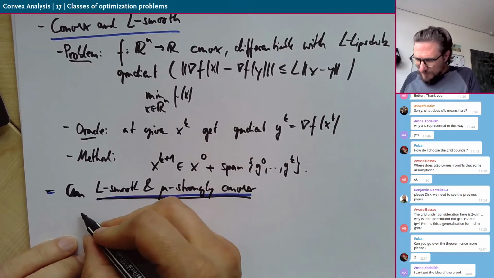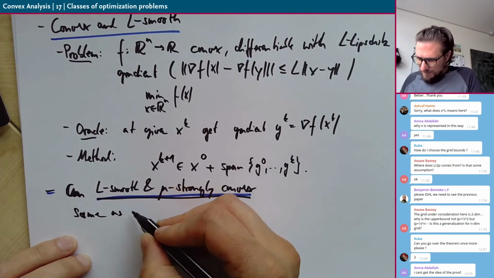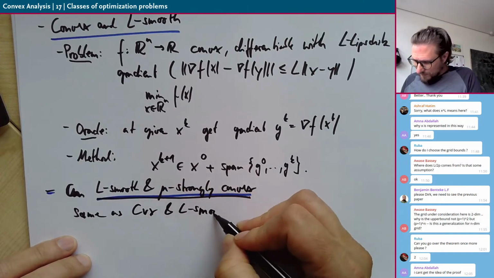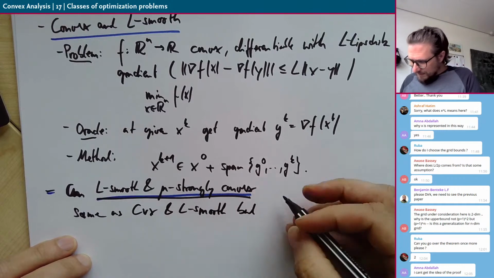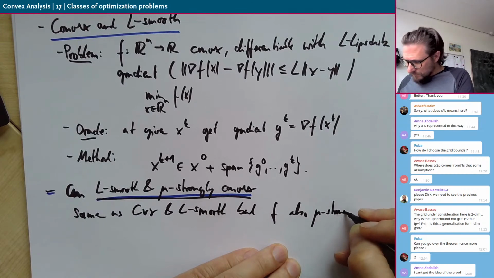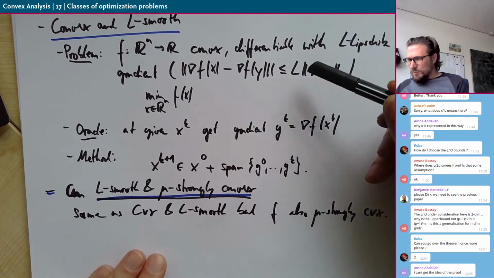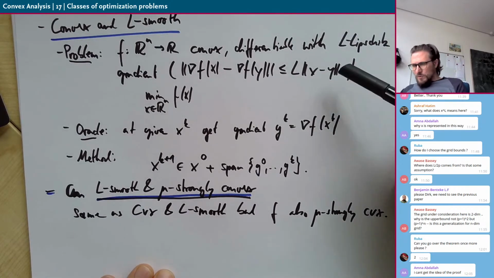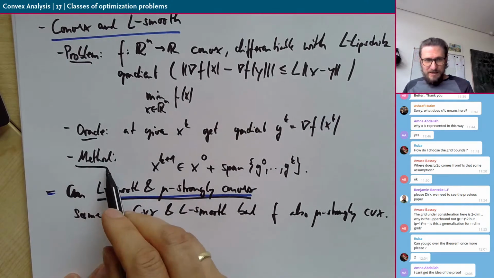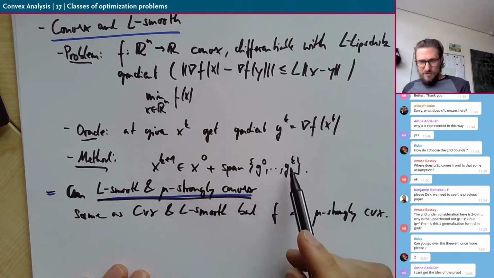This is totally the same as before, same as convex and L-smooth, but f is also mu-strongly convex. All the rest is the same. So we also have the Lipschitz bound. We also want to minimize f. At each iteration we only get one gradient and nothing else. And we can only move in the span in this search space over here.